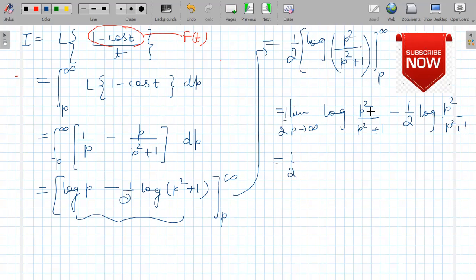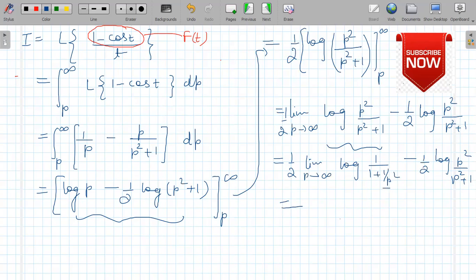To find the limit of this expression, divide the numerator and denominator by p square and then apply the limit. So its value is 0 when you put infinity here, and log 1 will be 0.